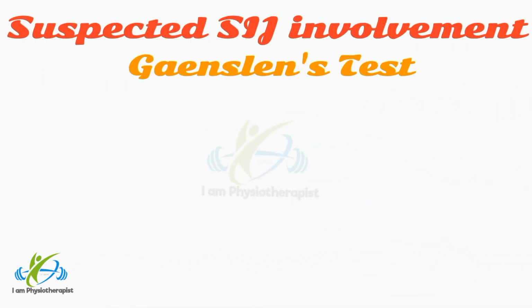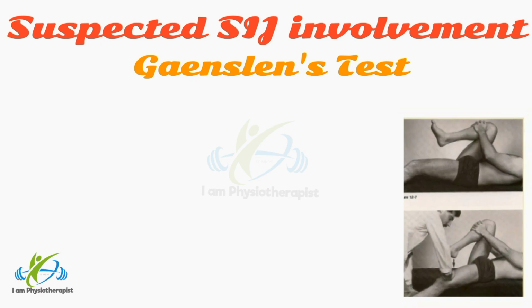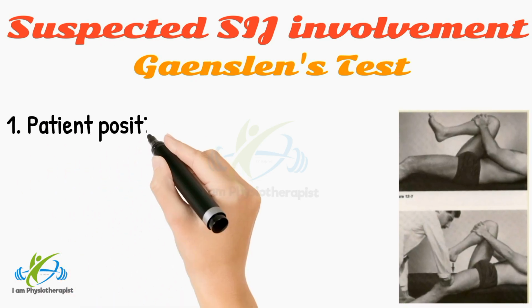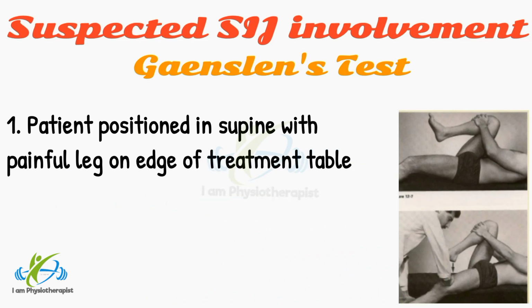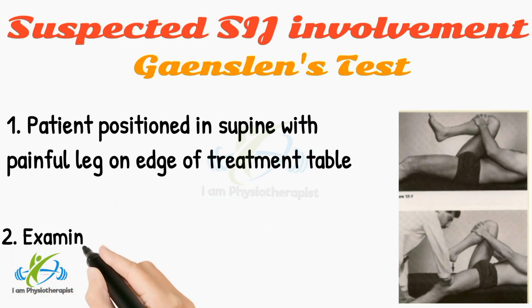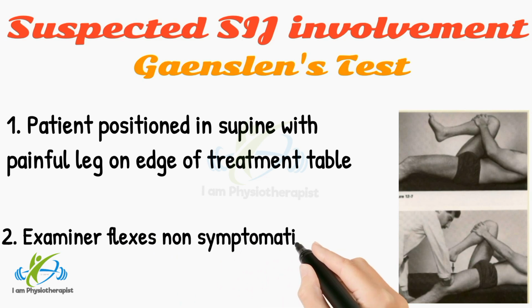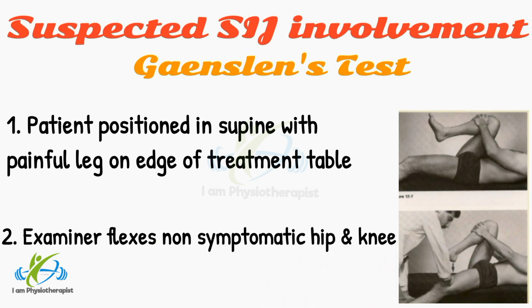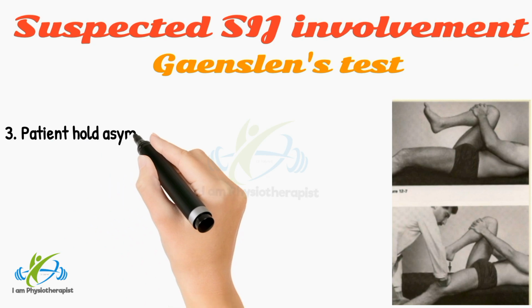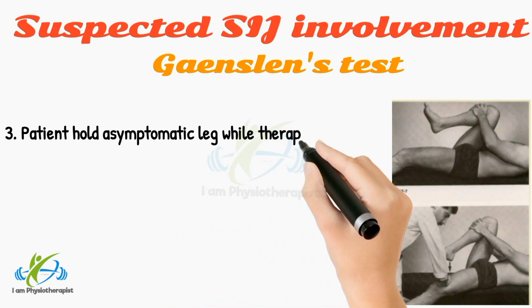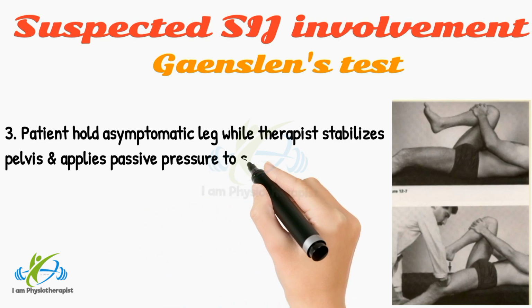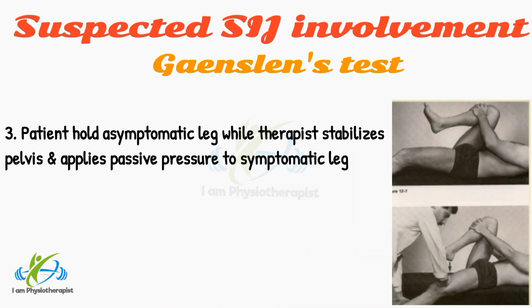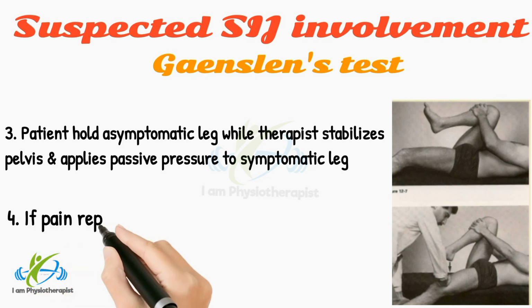Suspected sacroiliac joint involvement. Gaenslen's test. The patient is positioned in supine, with the painful leg resting on the edge of the treatment table. The examiner flexes the non-symptomatic hip and knee. The patient should hold the asymptomatic leg with both arms, while the therapist stabilizes the pelvis, and applies passive pressure to the symptomatic leg, to hold it in a hyperextended position.